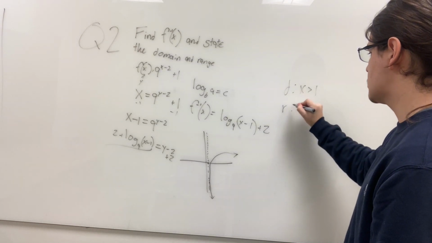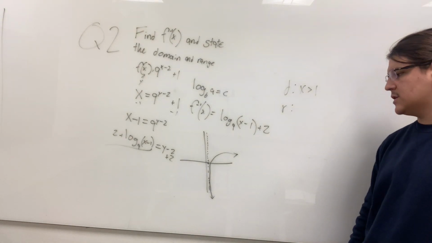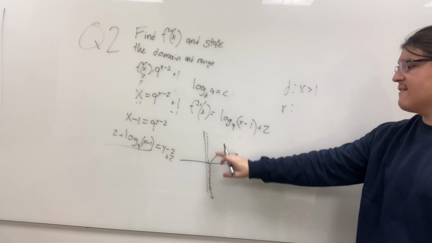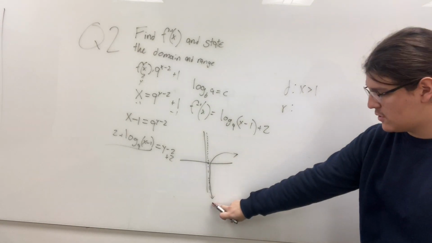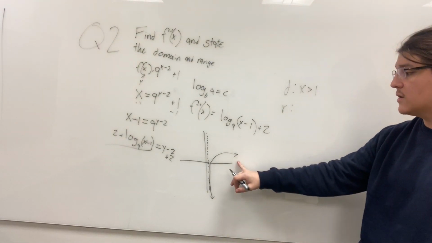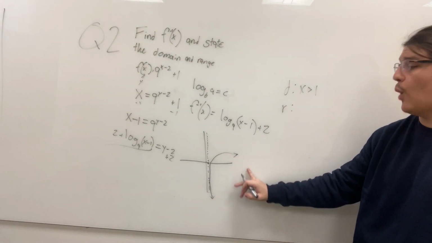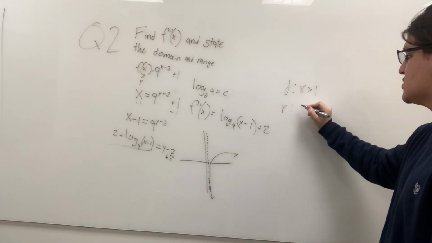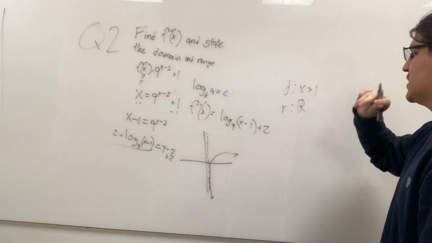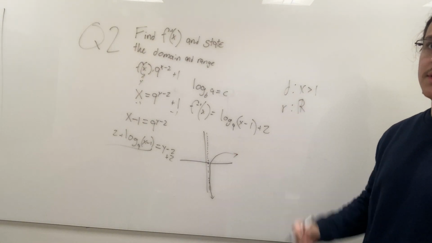And for our range, well, our range is talking about what y values can our function take. Now this function is going to go down forever, and while very, very slowly, it's also going to go up forever. So we can say our range is just going to be all real numbers. And there you have it, question 2.